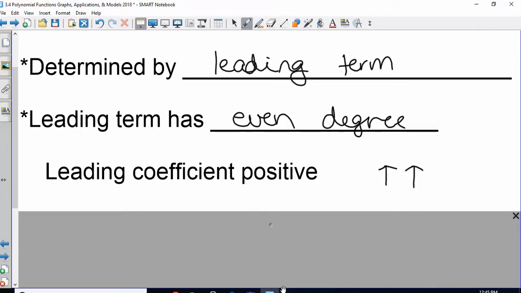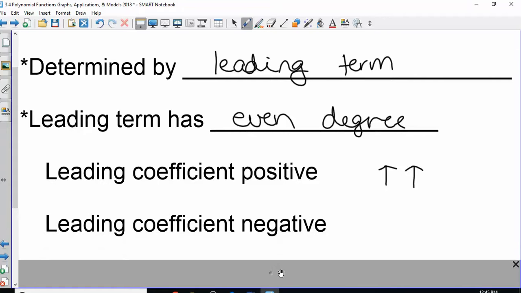Both ends were pointing up. When we looked at the x squared, the x to the fourth, x to the sixth on our calculator, both ends were pointing up. Now, what if it were a negative coefficient? What if I said negative x squared, negative x to the fourth, negative x to the sixth? Then it's upside down. So then, both ends going down. If it's an even degree, the ends are going the same direction, and whether it's up or down is if the coefficient is positive or negative.